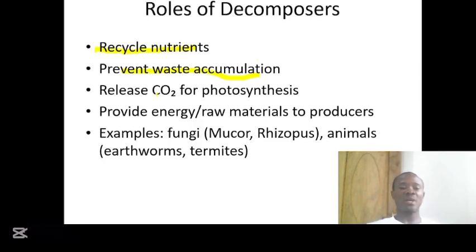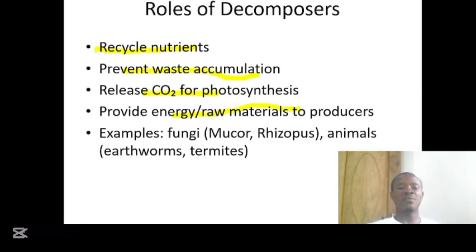And also, they release CO2 for photosynthesis. Decomposers take in oxygen and give out carbon dioxide, and that carbon dioxide is used by plants in the process of photosynthesis to produce their own food. Also, they provide energy or raw materials to producers.